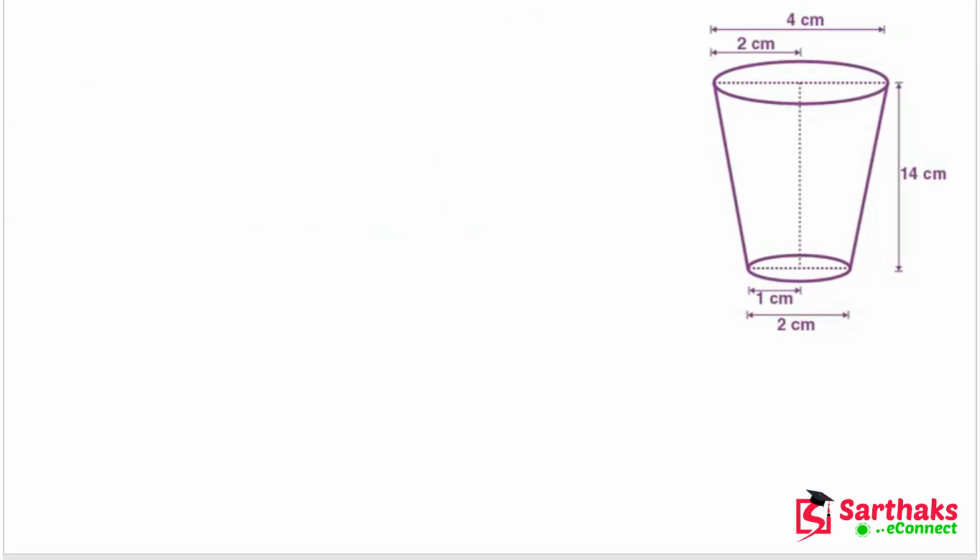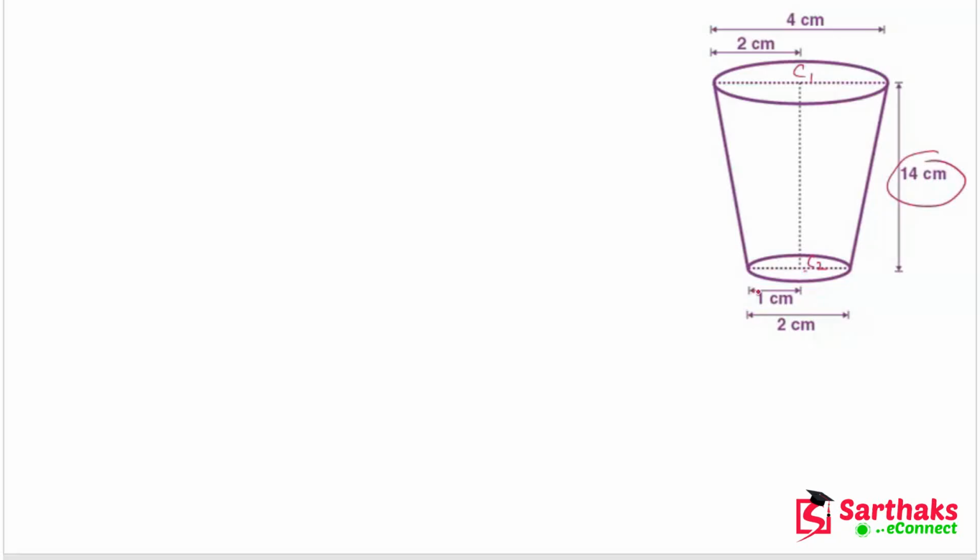So we have a drinking glass which is in the shape of a frustum. Here we have two circular bases. This is C1 and this is C2, and we have height 14 centimeter.